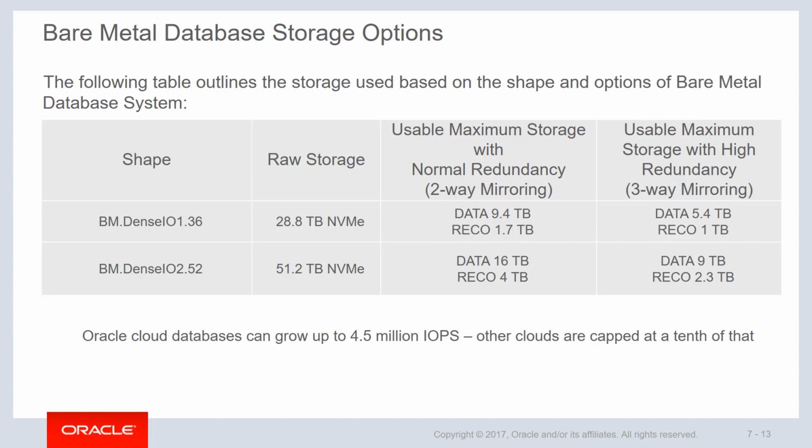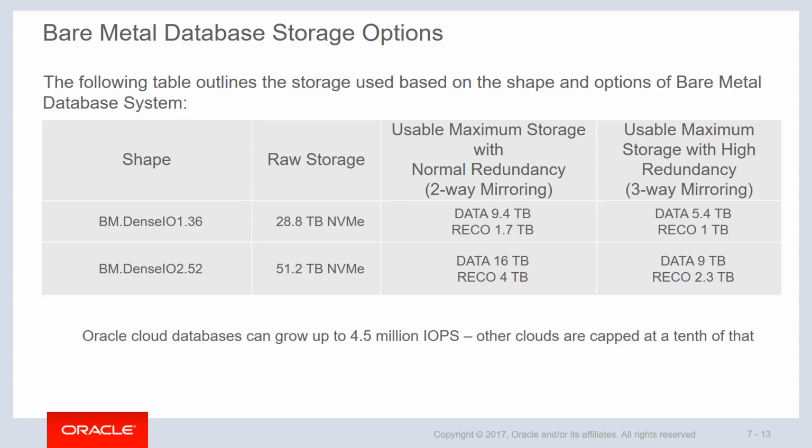Storage on the bare metal database shapes is seen here on the slide. So even though we indicate a total raw storage amount, remember that these are local NVMe drives that comprise storage. To ensure the best possible performance and the most redundant configuration available, these drives will then be converted into disk groups utilizing ASM, or Automated Storage Manager.